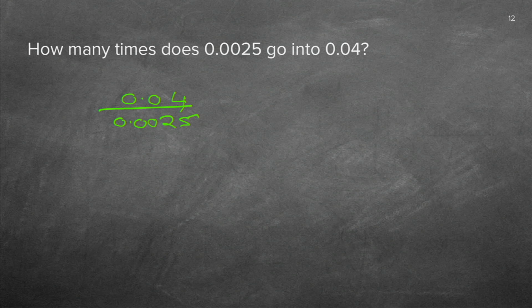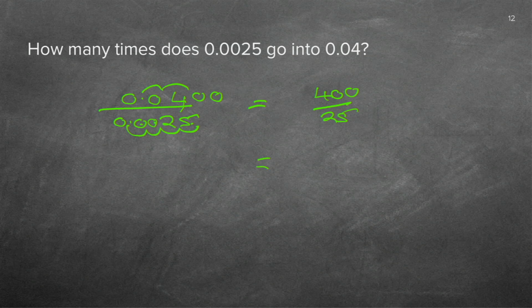Okay, so what do we do? To make it easier, we move these decimals 1, 2, 3, 4 times to the right. So we do the same at the top. So it's 1, 2, 3, 4. So that will give us 400 over 25. Which is a much easier thing to work out than this one.